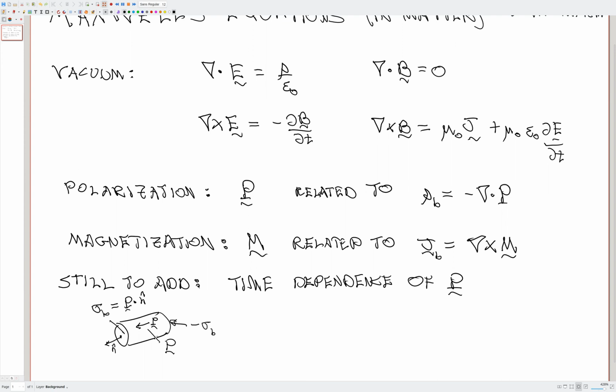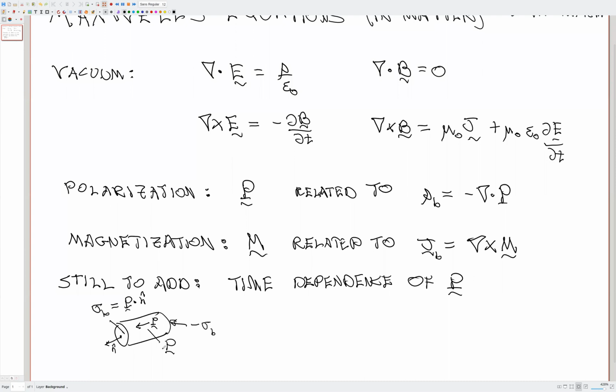Okay, so in this very simple case, I've put my cylinder parallel to the polarization. If it wasn't parallel, then I would have a charge on this surface here too, but I'll just consider the simple setup that I have here.